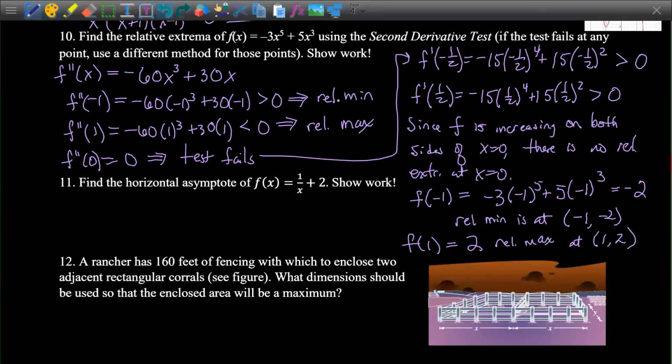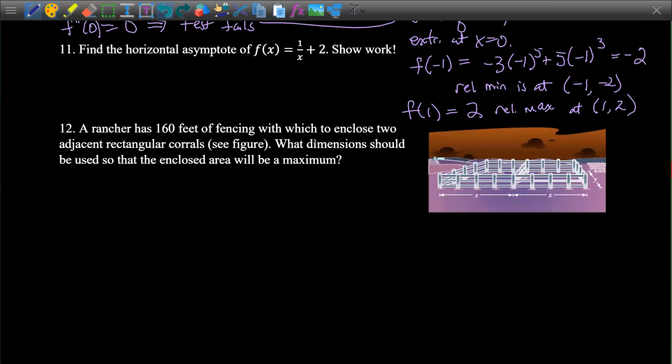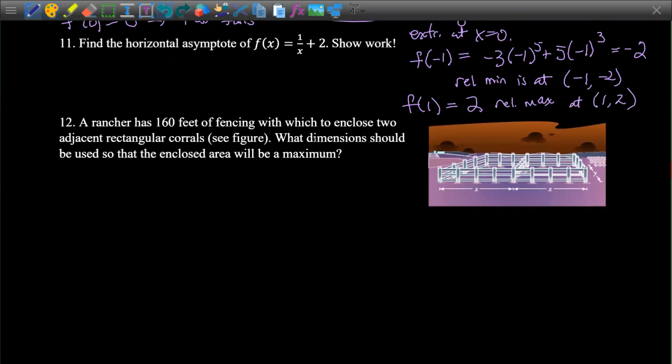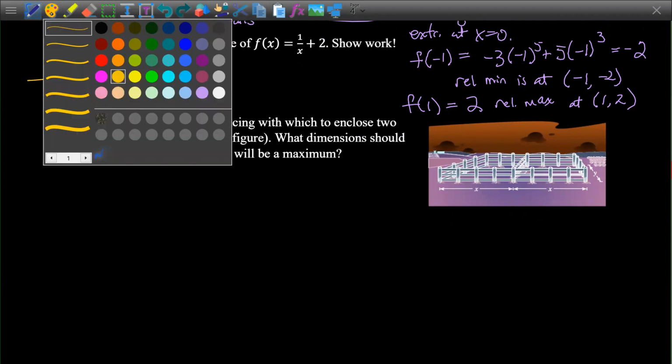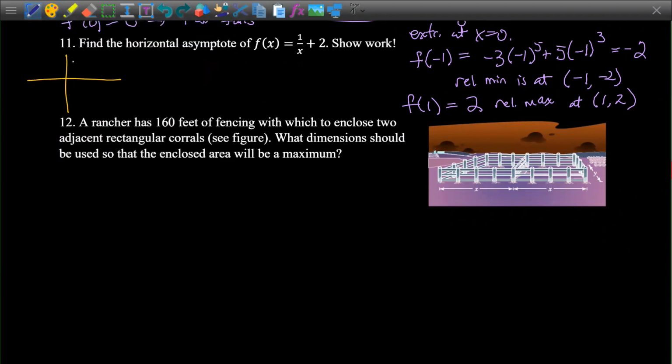All right, number 11, find the horizontal asymptote of the function given there. And we can just do a quick sketch. We don't even need a calculator for this one. And 1 over x without the +2 would just kind of be like that.